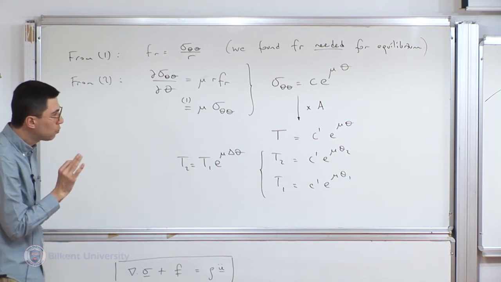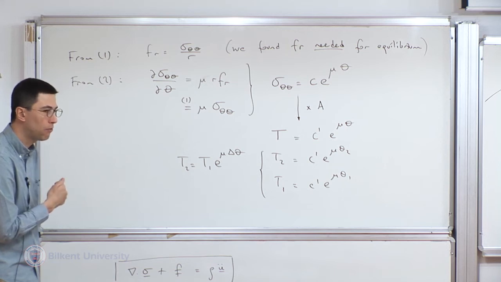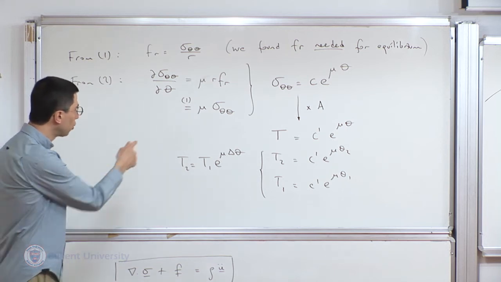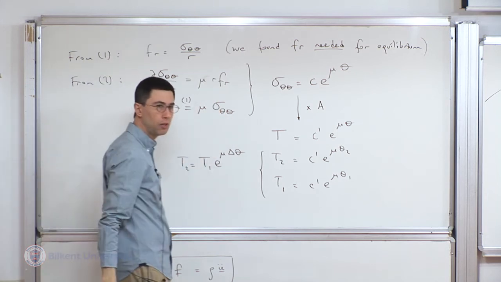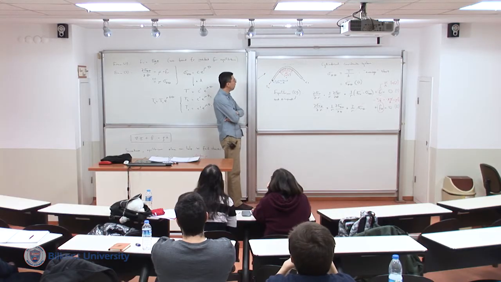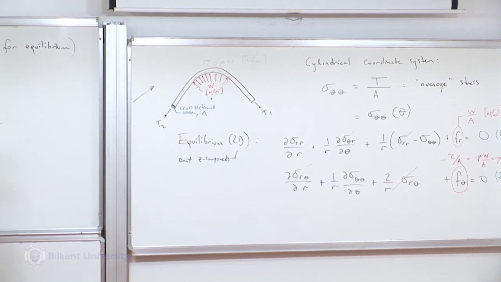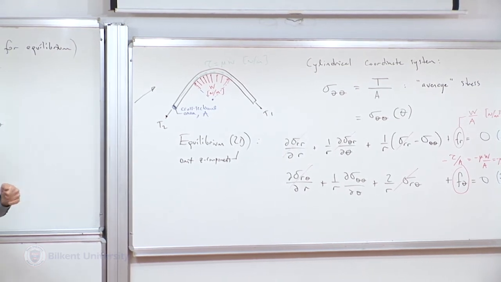Okay? But there is one crucial feature missing in this type of analysis, and it has to do with deformation. For instance, for sure due to this stress, the tangential stress on the rope, it's a normal stress on the cross section, the rope will change its length, right?